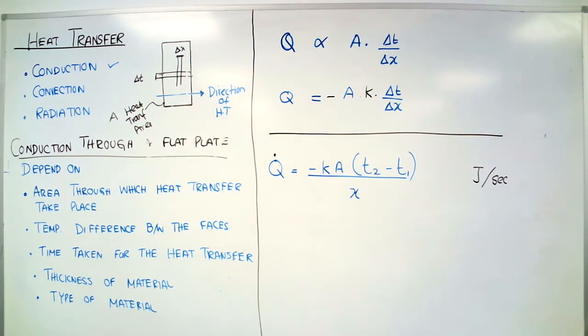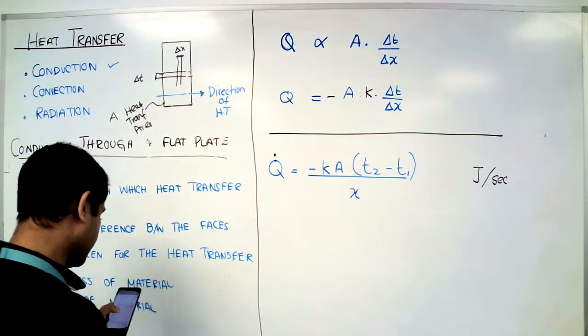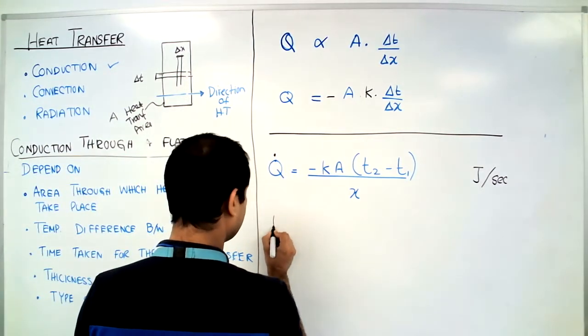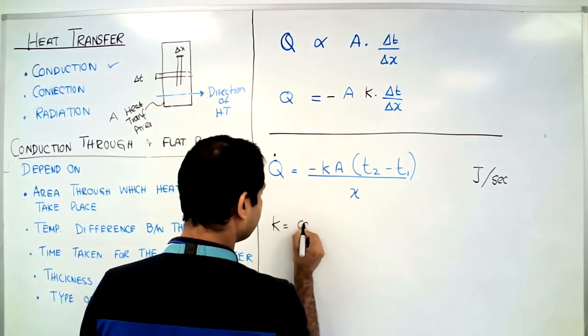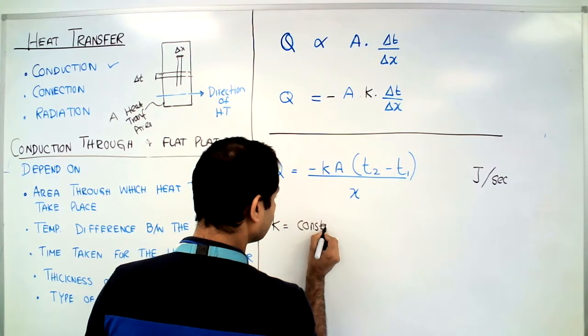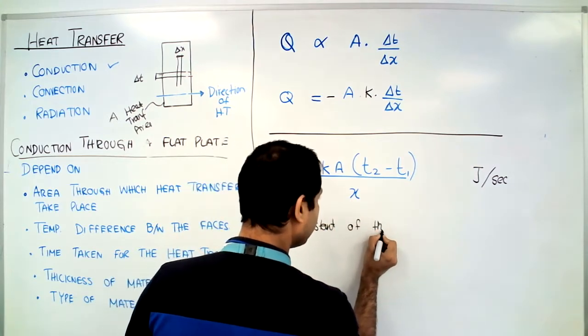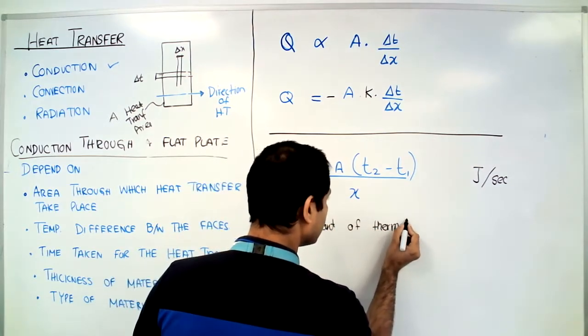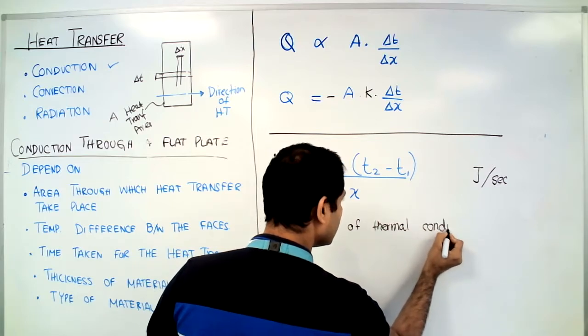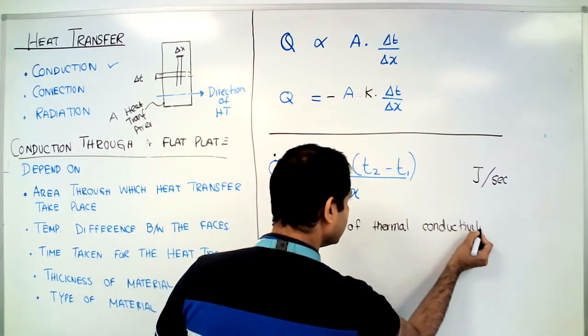Okay, the next one. Now, let me put the notation here, all the notations. K is the constant of thermal conductivity.